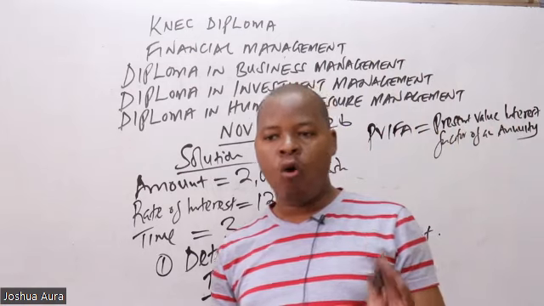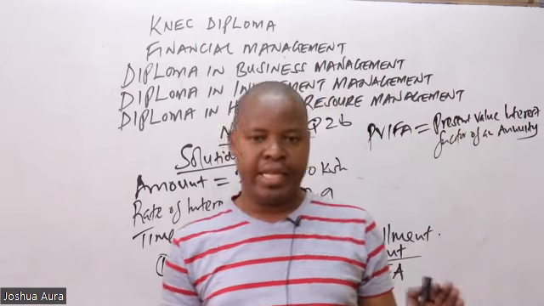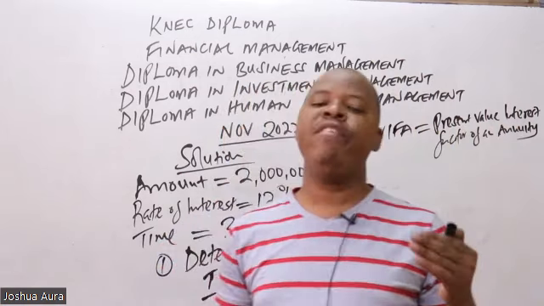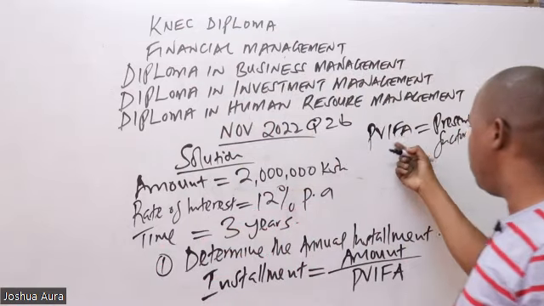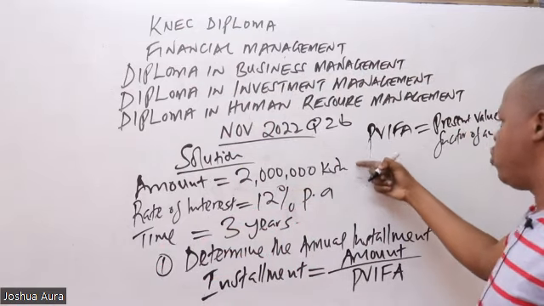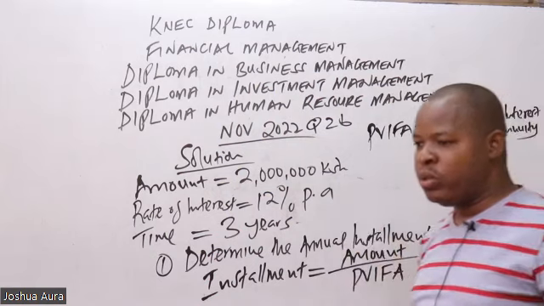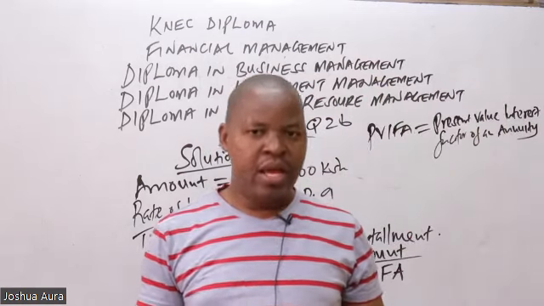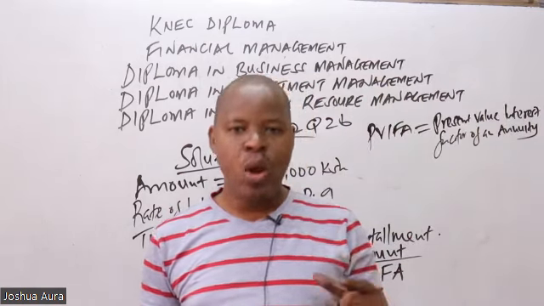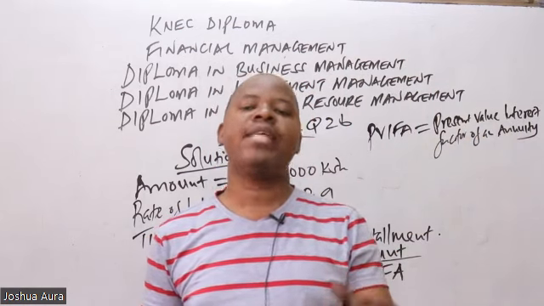It's one of the discounting techniques, and the second one is PVF. This one is used to discount regular cash flows, also known as annuities.